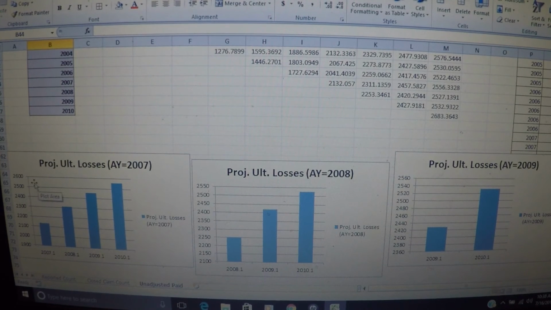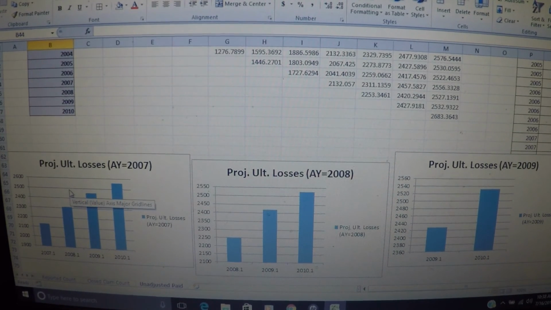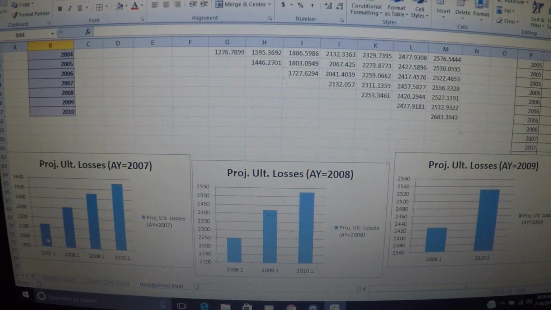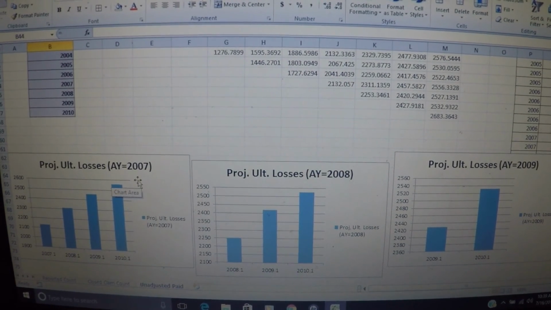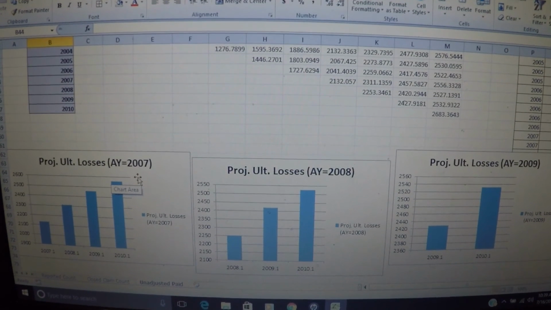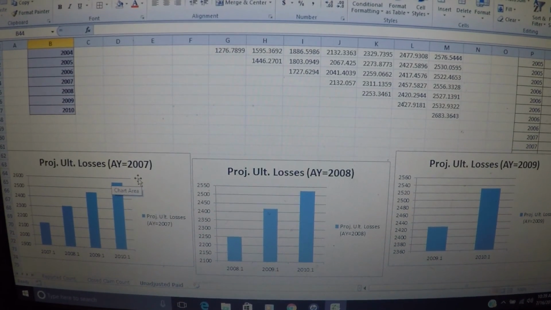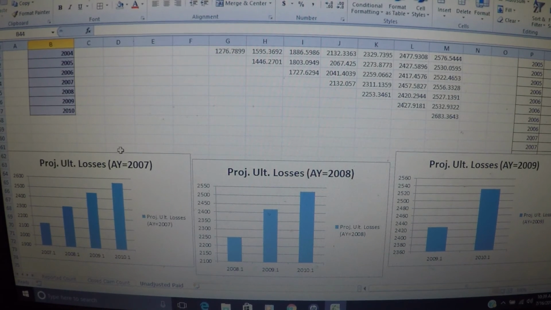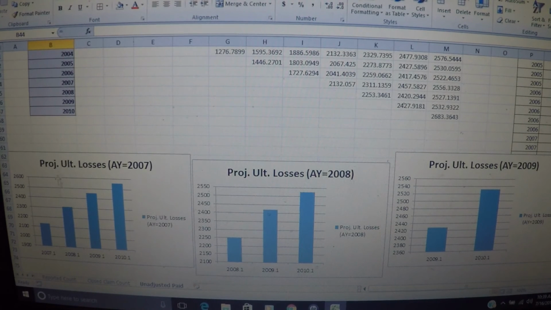Let's say that the actual ultimate losses are 2,600. Then what we would hope is that our projected ultimate losses, each evaluation period, each calendar year and quarter, would be around 2,600. Then we would say, well, that's great. We estimated these losses quite accurately. And furthermore, if they were level bars like this, we wouldn't have to keep setting aside more and more money to cover what we think these reported losses will be.